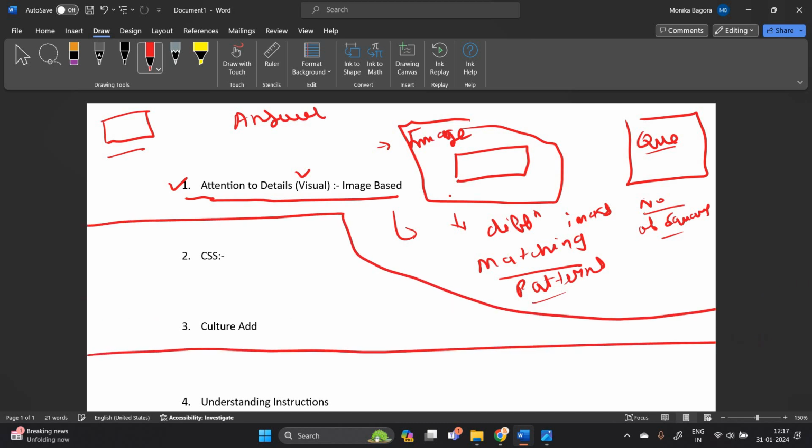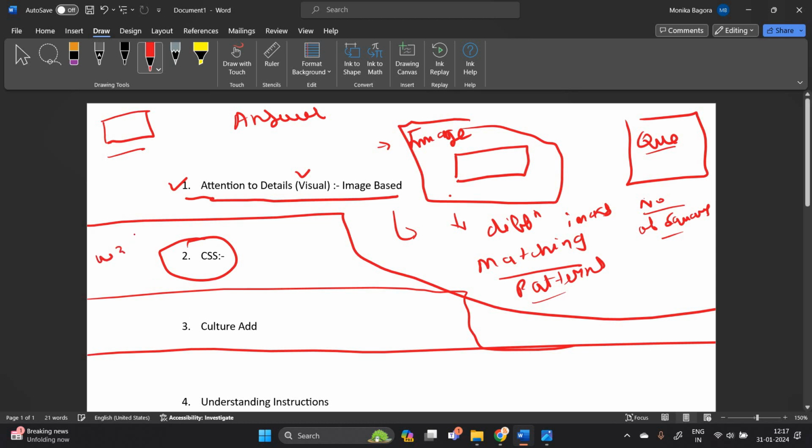Let's discuss the second important section, which is CSS. I already mentioned it in the previous video, but since that video was not completed, I am mentioning it again.